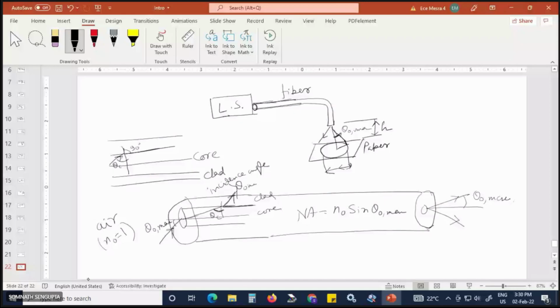Then, using simple geometry, sine theta 0 max is, say this is R and this is H, then R by, what will be the formula for sine theta?